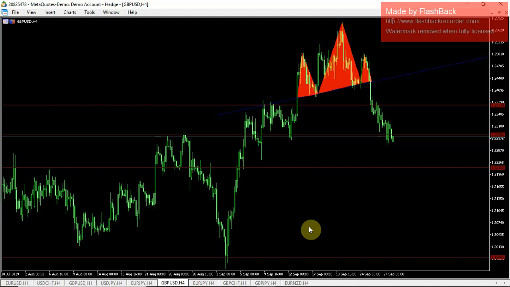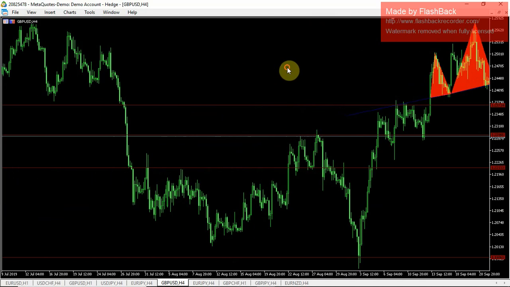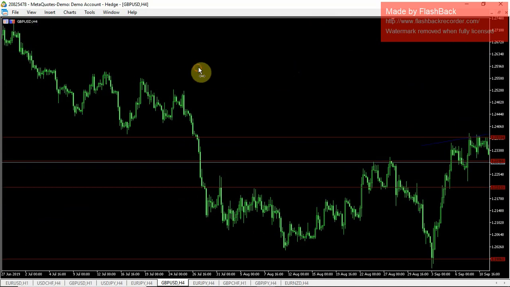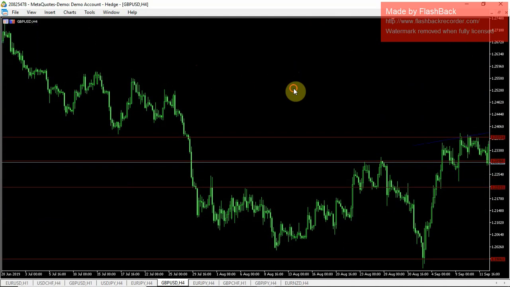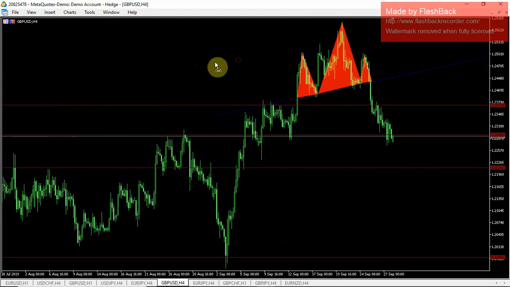So this week we have British pound USD and also the British pound against Japanese yen. So as you can see on my chart, we had a sell off after an interesting structure up there. Okay, and then if you look at this thing from history, the levels that we are looking at are quite solid.